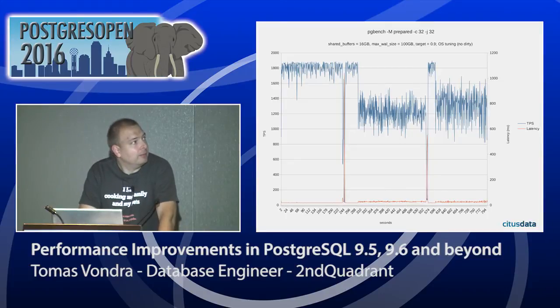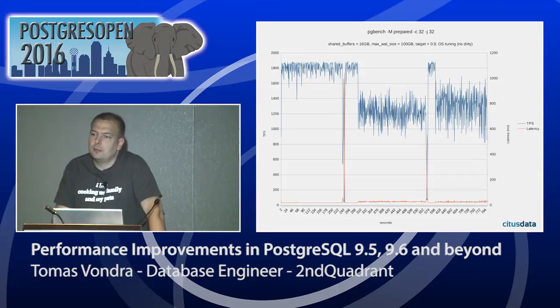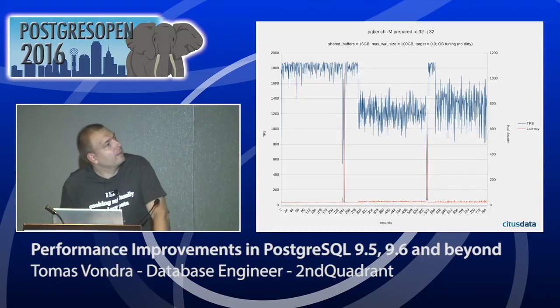Okay. Question. You said OS tuning. What's the no dirty? That's basically setting dirty background ratio, or dirty background bytes, I think, to 16 megabytes or something. Oh, it's really tiny. Yes. I mean, that is not necessarily something you want to do actually.